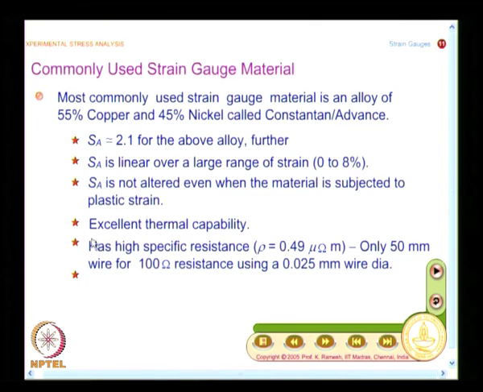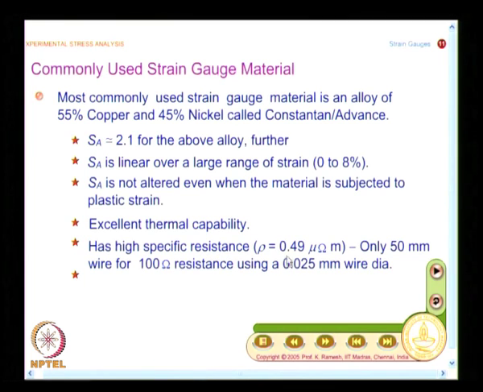And you also have a statement, excellent thermal capability. See, this is a relative comparison. We have to see another popular strain gauge material, isoelastic. Compared to that, this has a better thermal capability, and also it has a very high specific resistance.